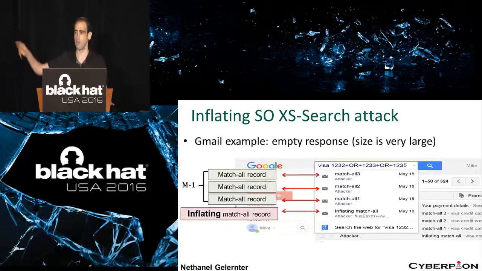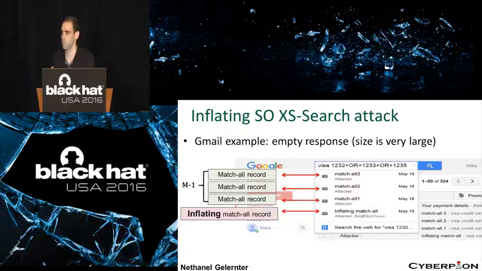You can see the long from field. So in this case, due to the inclusion of the inflating match-all record, the size of the autocomplete suggestion response will be significantly larger. It will actually be 0.5 megabyte compared to a few kilobytes. So of course, the time difference between both cases is significant, and the attacker can easily detect this difference.